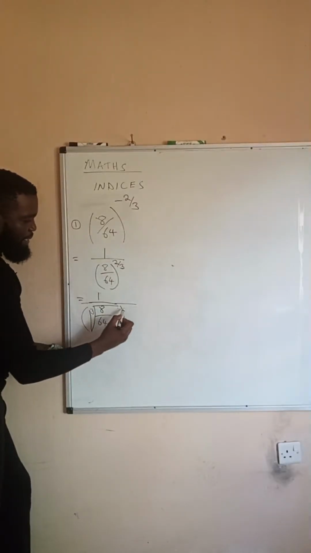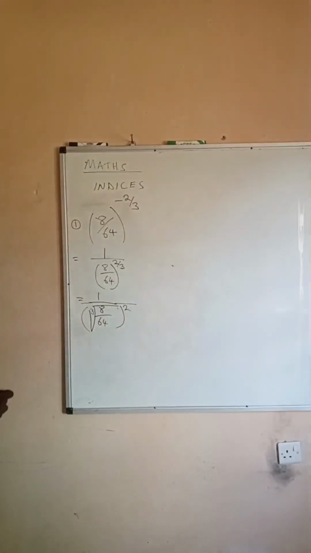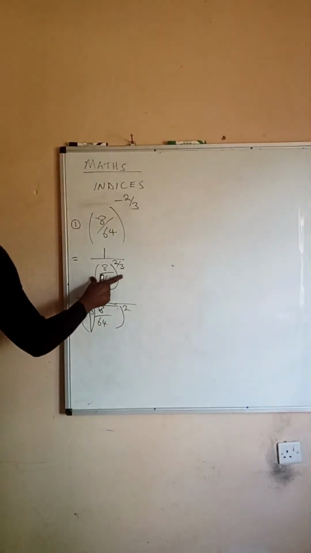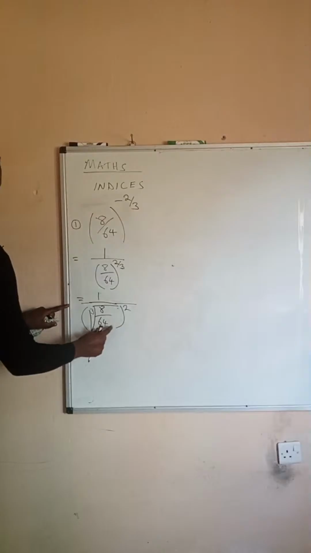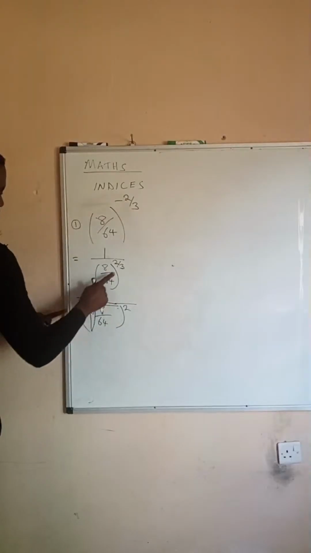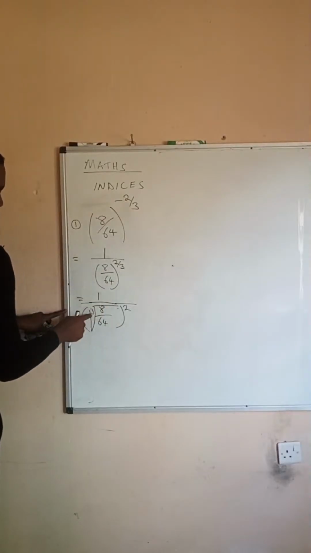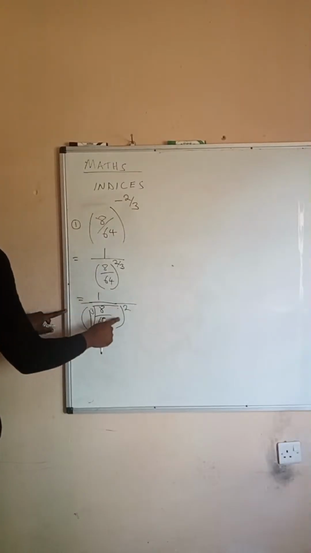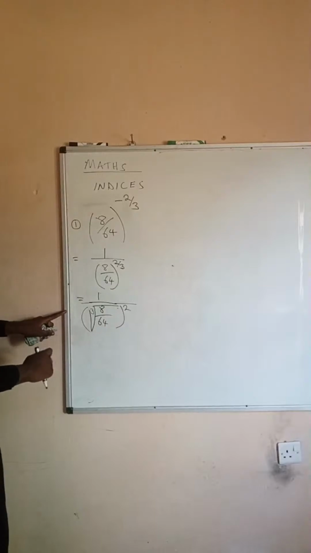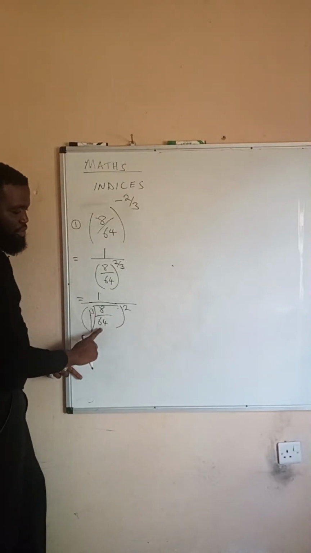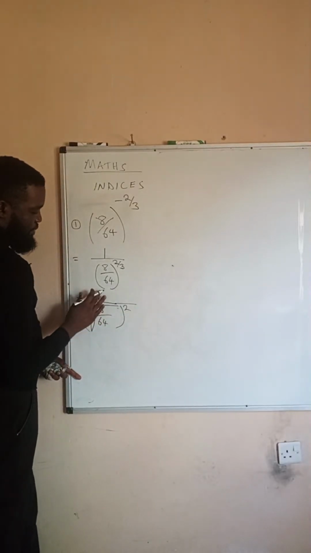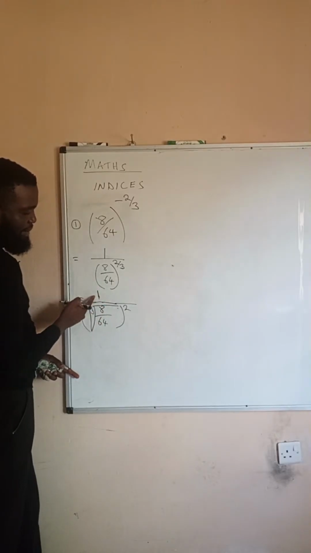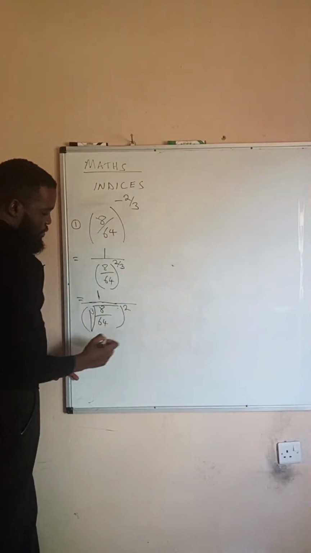The number on top, 2 here, you bring it as a power 2. You do a square root for 8 and also for 64. Remember, there's a 1 on top here. Don't forget that this 1 on top continues coming down. Okay, so what do we have?